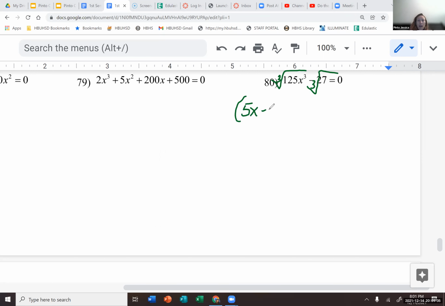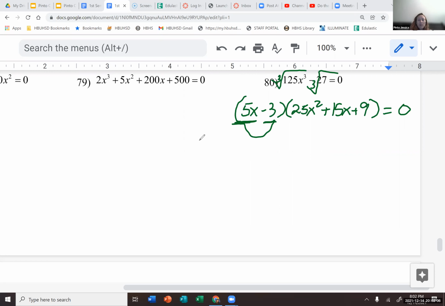And then I generate the trinomial. So to generate the trinomial, I have 5x times 5x, so 25x to the second. I need the opposite sign. And then I do 5x times 3. So 5 times 3 is 15x. And then it's always positive, so 3 times 3 is 9.